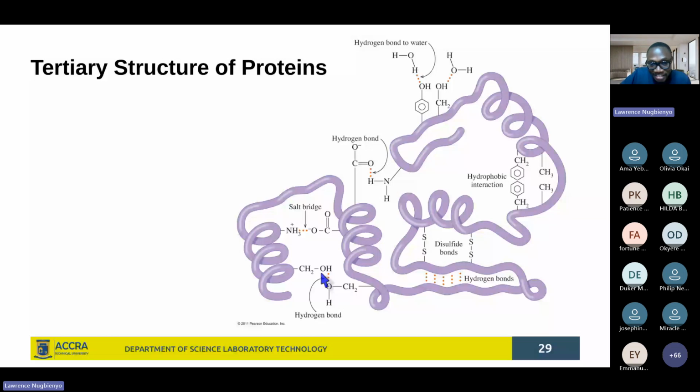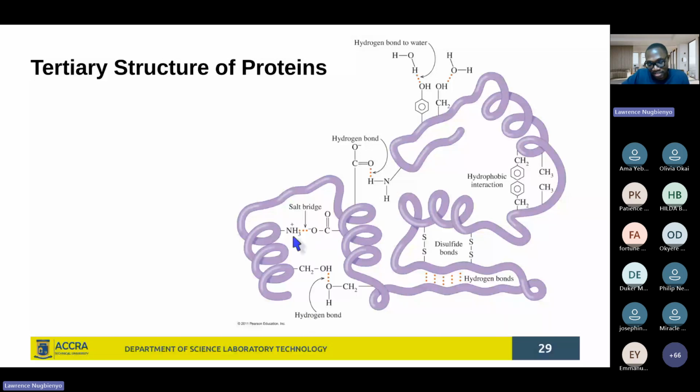So that is why this is being referred to as a salt bridge, because it's an interaction between an acidic group, the COO minus, and an NH3 plus, more or less like some ionic group that is having some interaction between them, and is being referred to as a salt bridge.